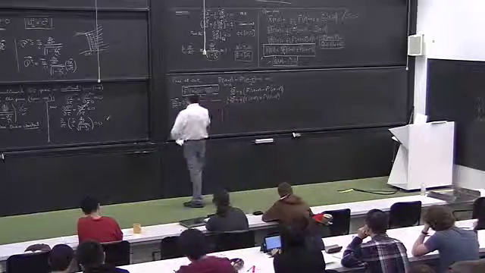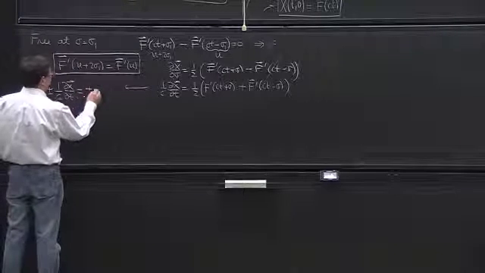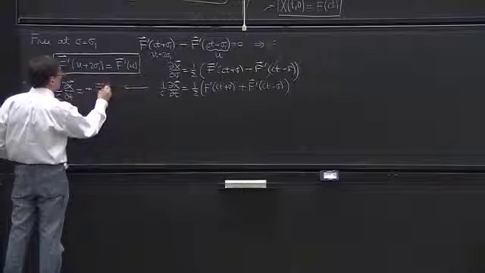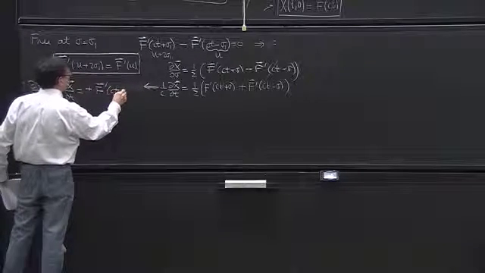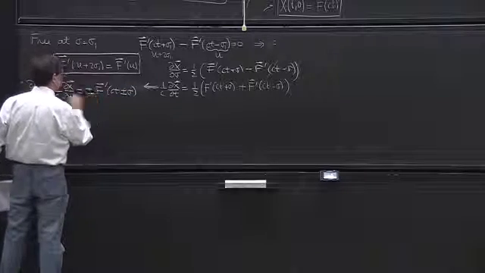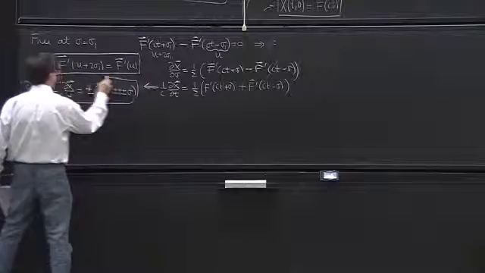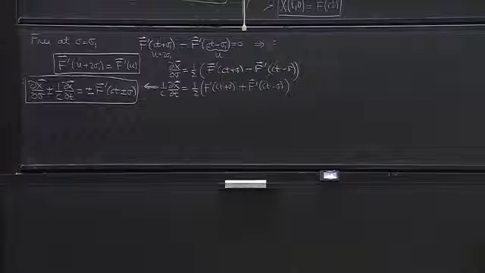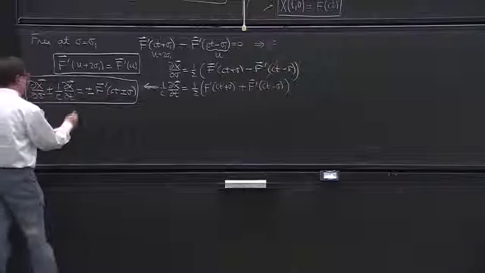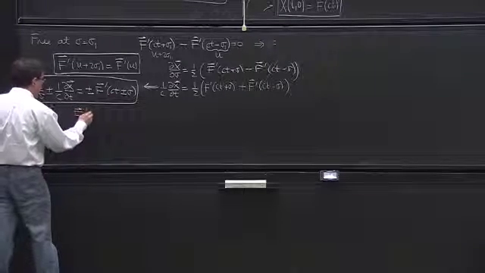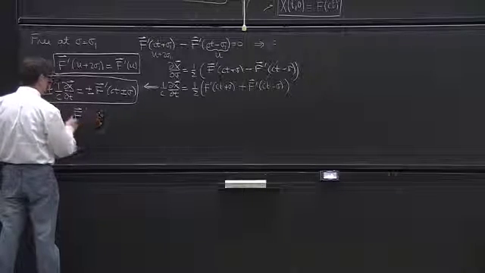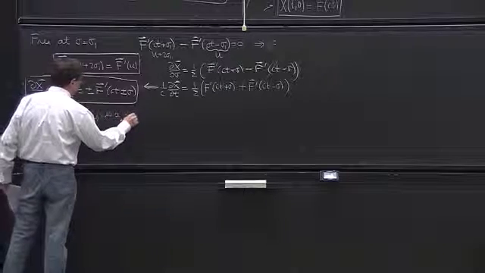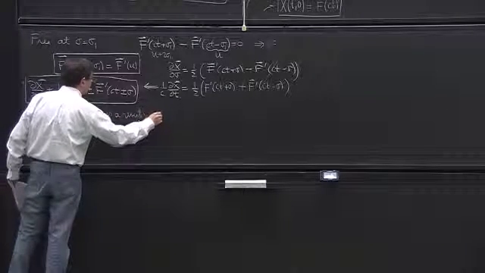We get, in the plus case, a plus f prime of ct plus minus sigma, like this. And that must be a unit vector. And this is an arbitrary argument. So what you've learned is that f prime of u is a unit vector.